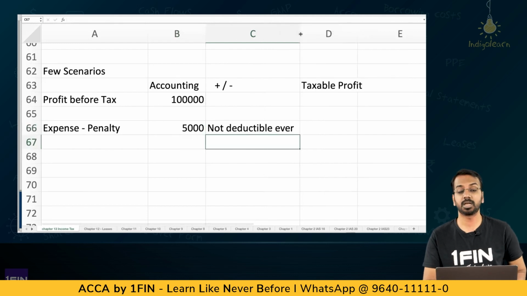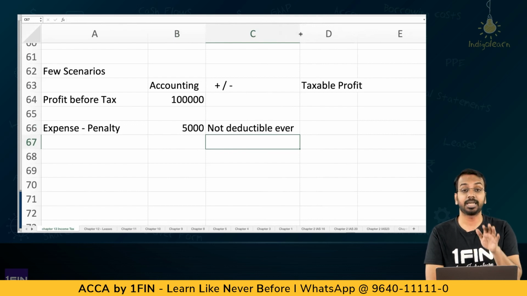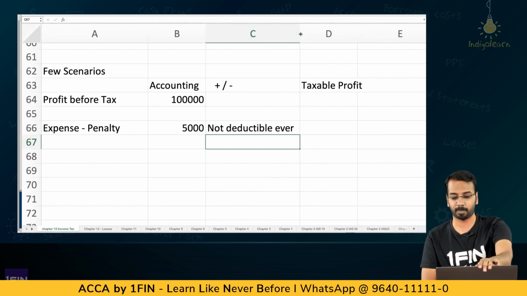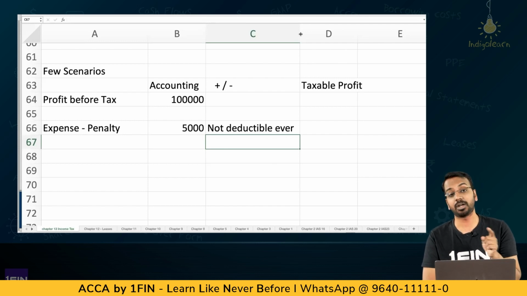What is the meaning of this? I have deducted 5,000 to arrive at 100,000, but tax authorities say penalty cannot be deducted to calculate taxable profit. So if penalty cannot be deducted to calculate taxable profit, what will be my taxable profit? This 5,000 I cannot deduct. I have already deducted, right?